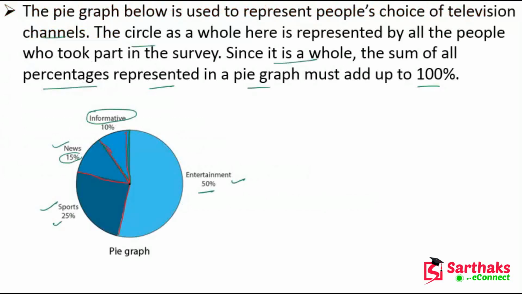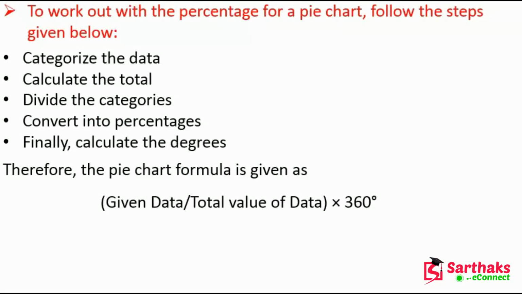Here you can see that the different sections each form a specific portion of the total percent. The sum of all the sectors equals 360 degrees, so the total value of the pie is always 100%.